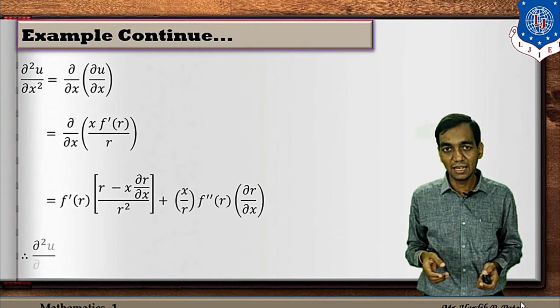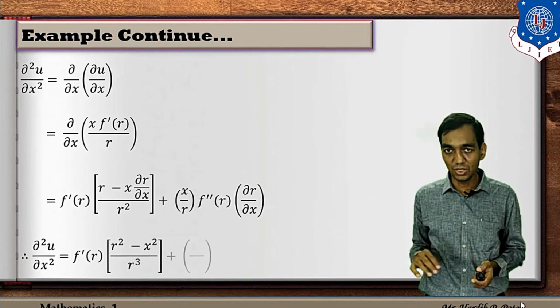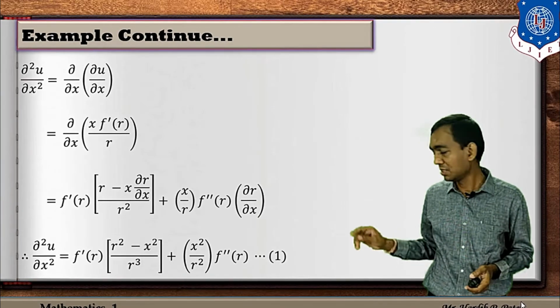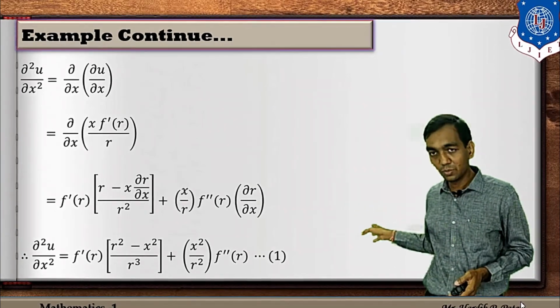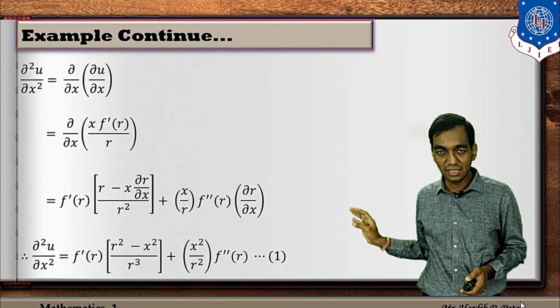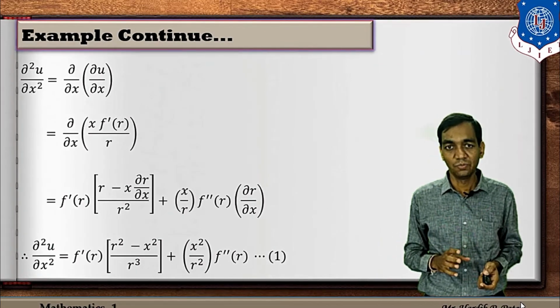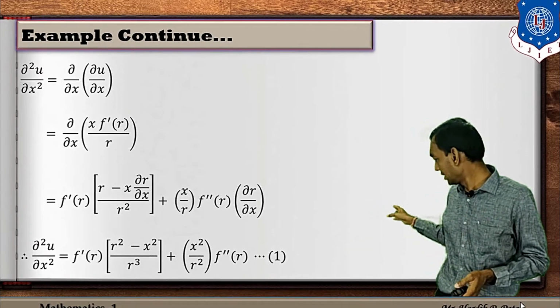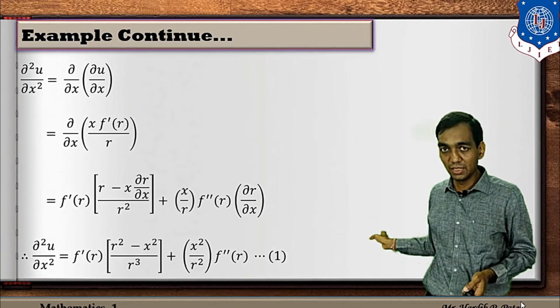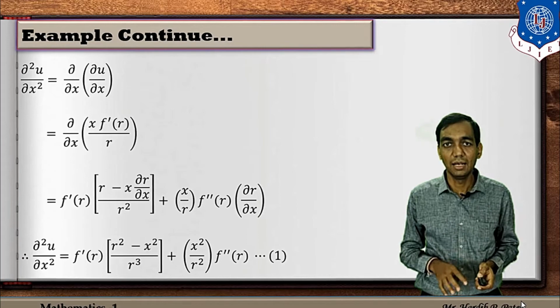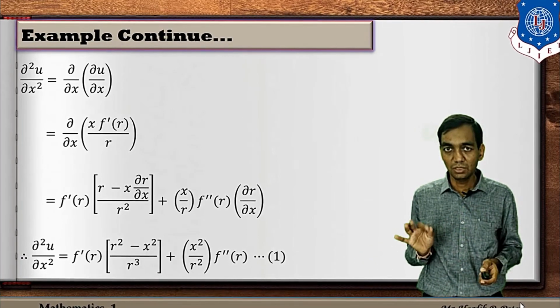Now put the value of del r by del x and simplify by taking the LCM. That gives f dash r into the bracket r square minus x square divided by r cube, plus x square upon r square into f double dash of r. This is your equation number 1.